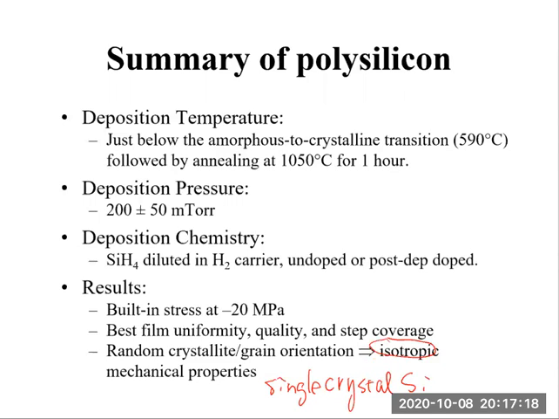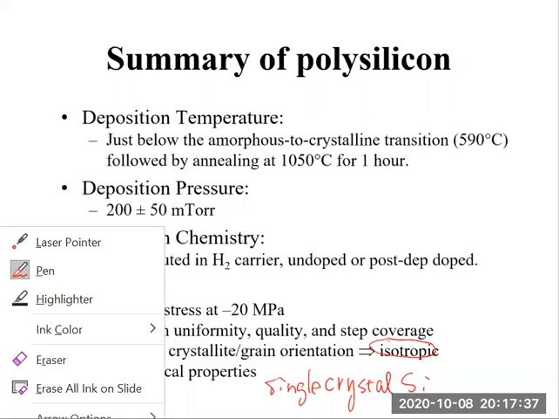Namely, its mechanical properties depend on crystal orientation. So single crystal silicon is different from polysilicon in terms of mechanical properties. One is anisotropic, the other is isotropic.